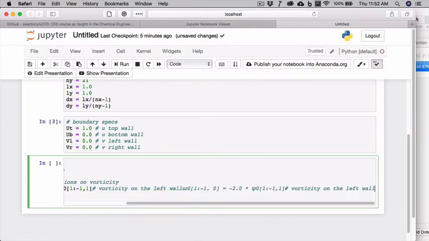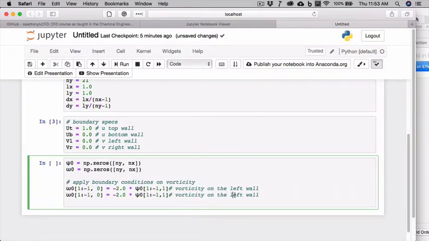Now let's copy and do the right wall. Any questions so far? Okay, so vorticity on the right wall, all of j, but which i? -1, right? Again, the sign doesn't change, so it's -2.